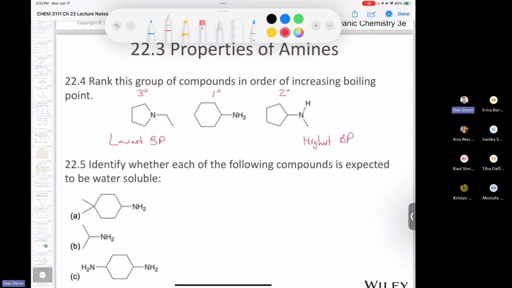Which one would have the highest boiling point? Would it be the primary, secondary, or tertiary? If you have to, go back in your notes. Which one can do the most hydrogen bonding? Would it be the tertiary, secondary, or primary?